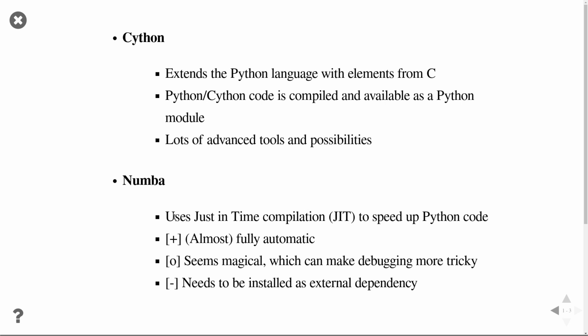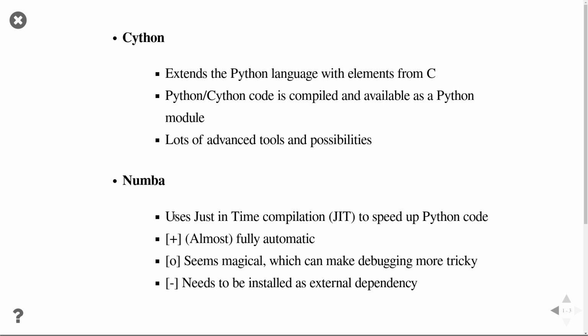Then it has the type information, and from that, while the program is running, it will automatically generate a C implementation, generate the wrapper code for that C implementation, compile it as a Python module, and load in that Python module. Instead of running the original Python function, it will then run the C-compiled Python module. This is what is called just-in-time compilation.